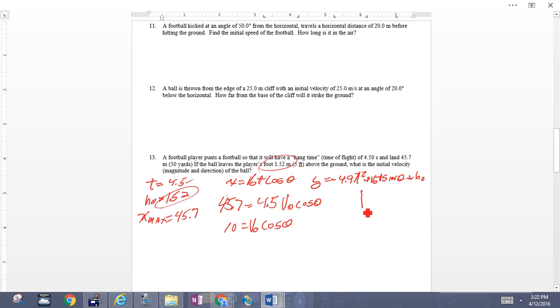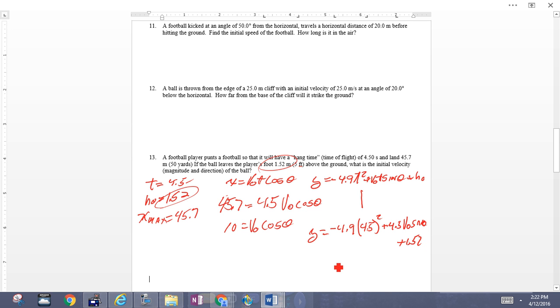I come to my equation in y, and I plug in what I have and what I don't have. I have negative 4.9 times 4.5 squared, plus the time again, 4.5, times V0 sine of theta, plus this 1.52.